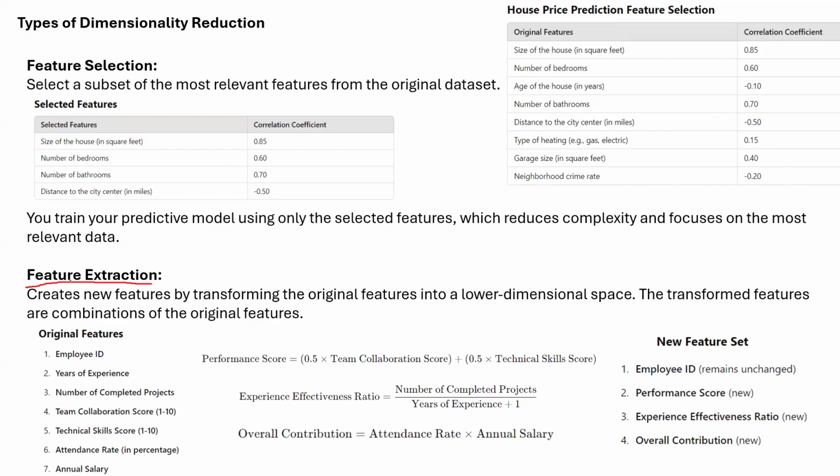So what we do in feature extraction is that we now transform the original points into lower dimensional spaces. If you take the same example, if we have 8 dimensions, in feature extraction what we do is we create new dimensions, or we find out new dimensions such that each new dimension is a linear combination of the original dimensions.